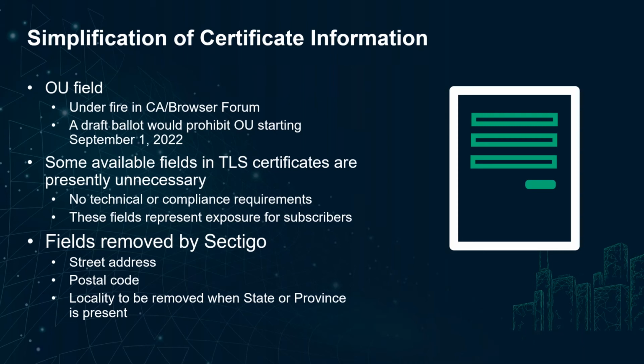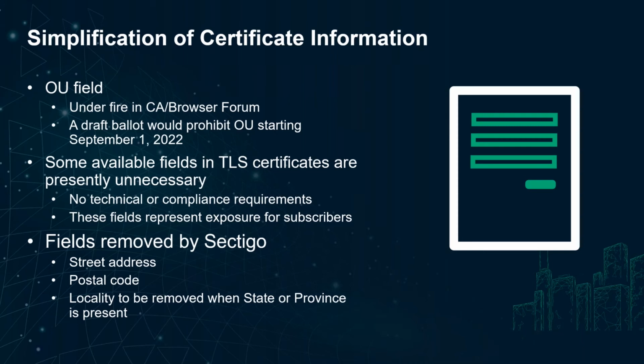And even if you as the subscriber, as the certificate holder, are not intending to mislead, if there is a word or a name in that OU field that could be misconstrued, you might be misleading even though you don't mean to. And so OU fields are going away. It's just a matter of time.